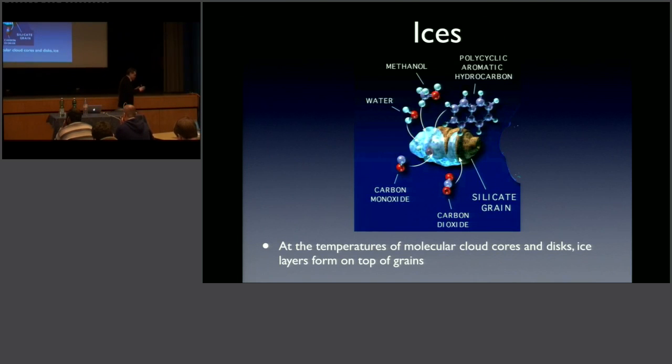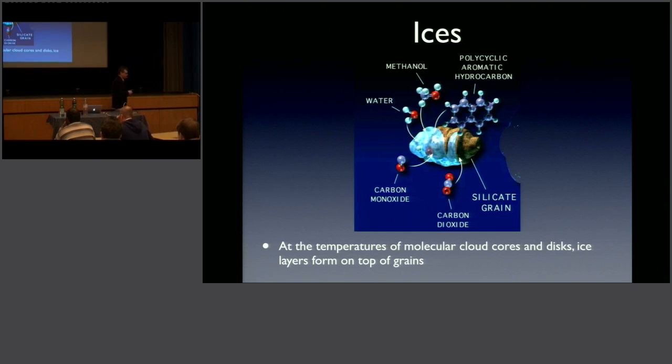When you consider grains that are relevant for us, in the dense regions of molecular clouds or in the dense regions of disks, you basically have grains that are sitting in a high density, low temperature environment most of the time.